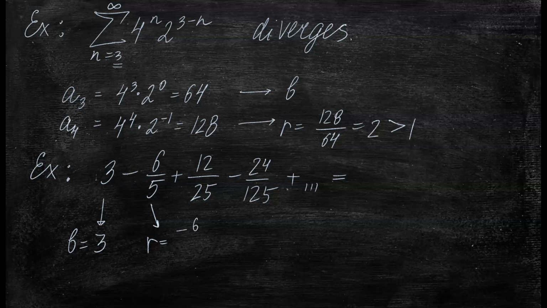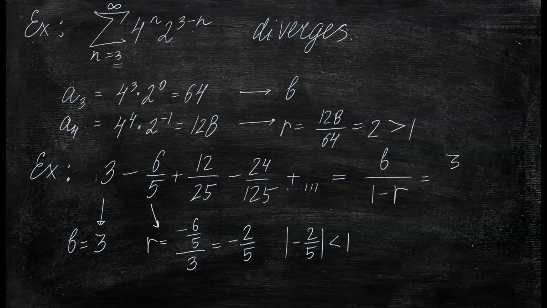So the common ratio here is -6/5 over 3, which is -2/5. Since the absolute value of the common ratio is less than 1, we conclude that this series converges to this expression. And regardless of whether your common ratio is positive or negative, the formula works. So the final answer is, in this case, 15/7.